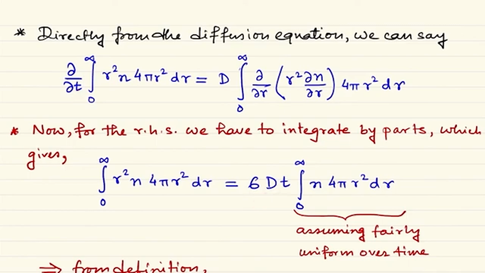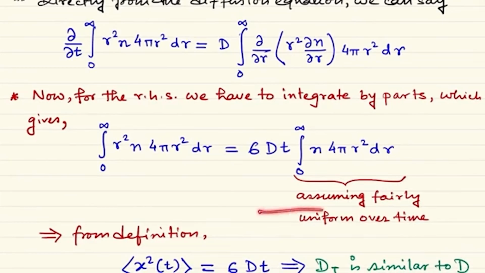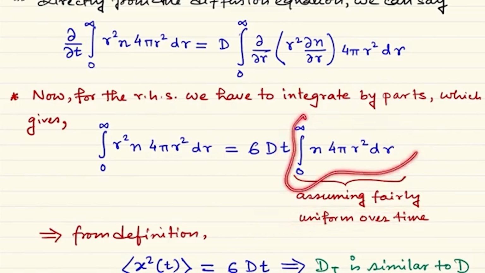If I assume that, and we also assume that this is fairly uniform over time, then this integration over time is simply the integration over dt, and you have again something like this.